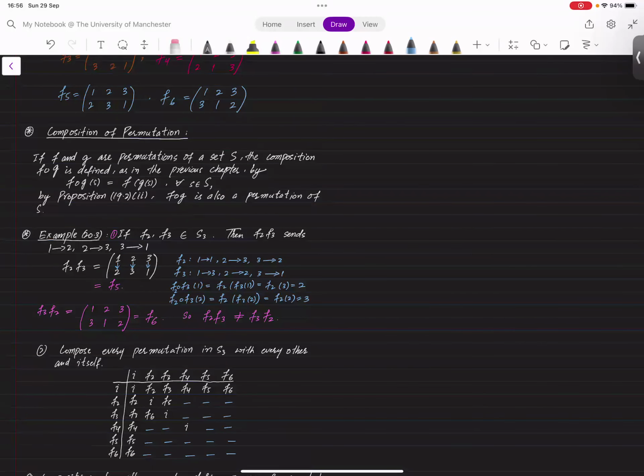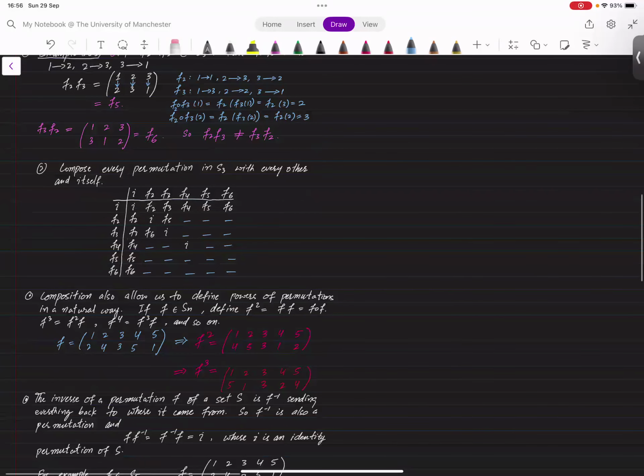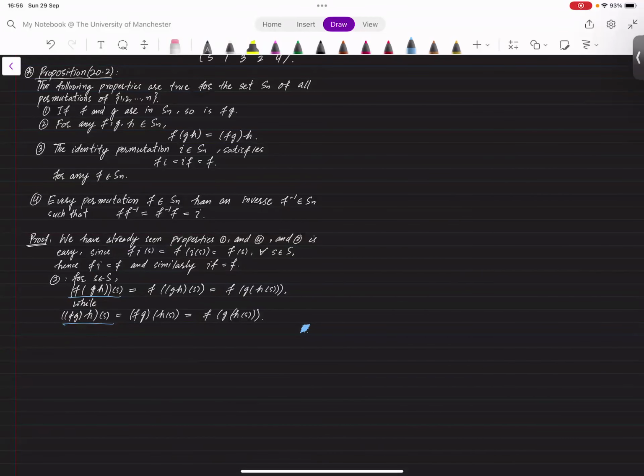Then we talked about how we can compose the permutations. We gave the definition, and then we illustrated it with some examples. Then we said in the end that permutations satisfy some particular properties.